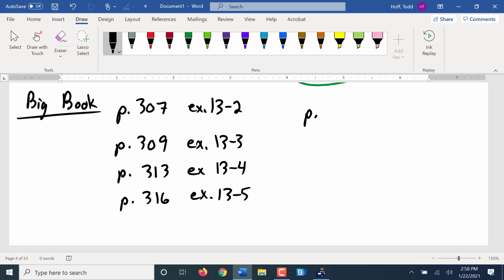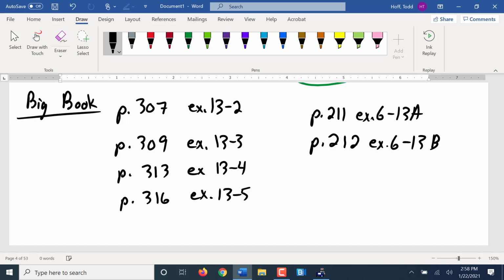Then we have page, I lost the page number. Oh, I do have it. Page 211, exercise 6-13A. Page 212, exercise 6-13B, and I missed one here, so it's kind of going to loop back a little bit.